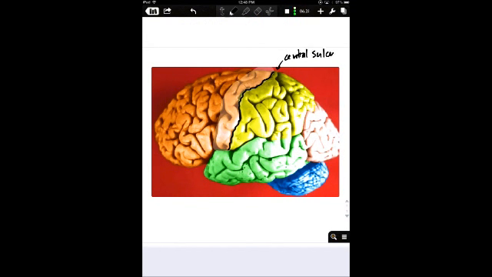This area that I'm now shading in green, once again, I'm not sure if it will come up, so I'm going down here. Maybe I'll shade it a couple of times so you can see what's going on. But that is the postcentral sulcus, and that is responsible for the somatosensory component of your body.